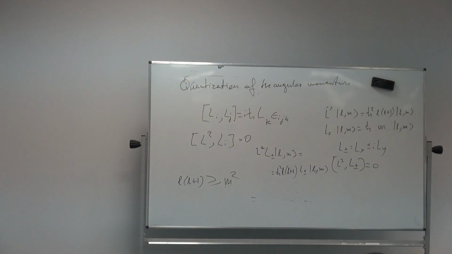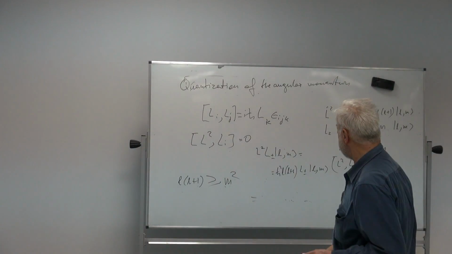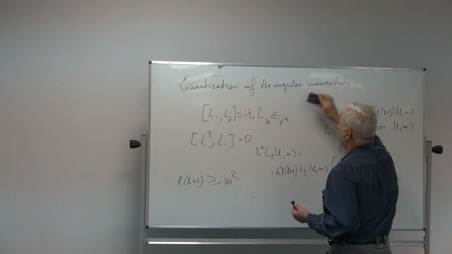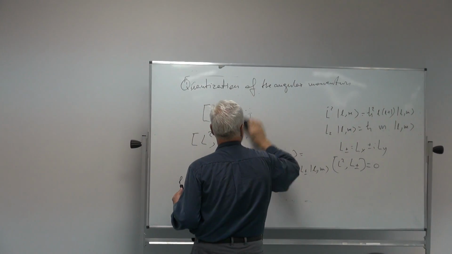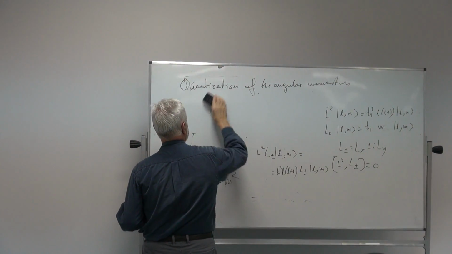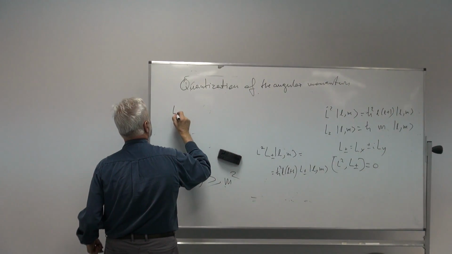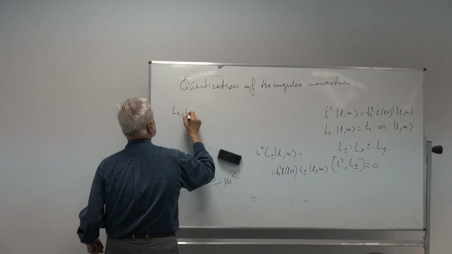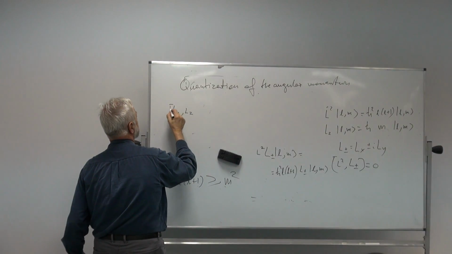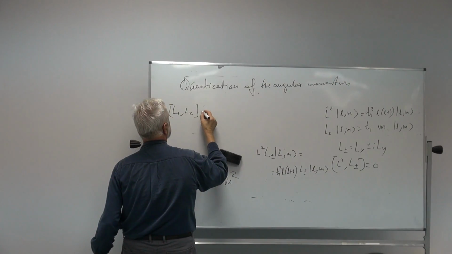But what happens if I would like to act with Lz on this L plus or minus acting on Lm? Okay, to do this, it's good to know the commutator of L plus with Lz. Of course, L minus with Lz also. But let me do it very carefully.